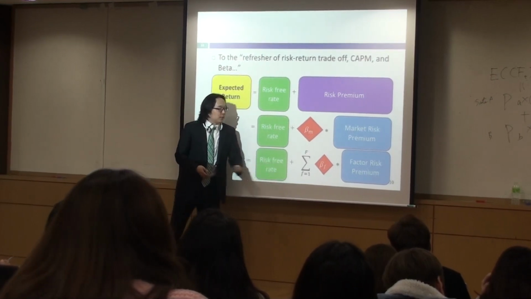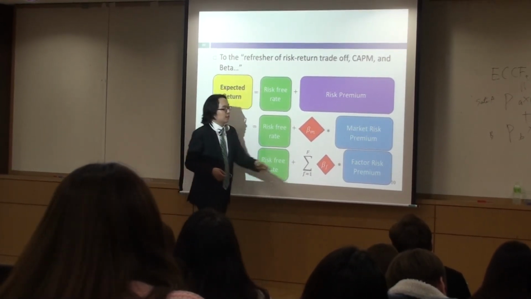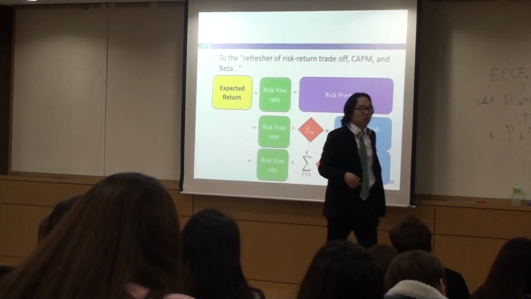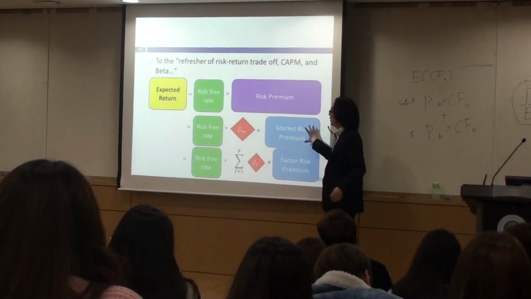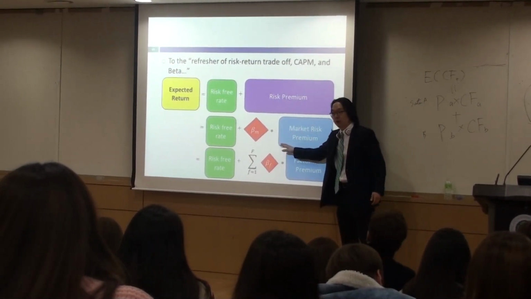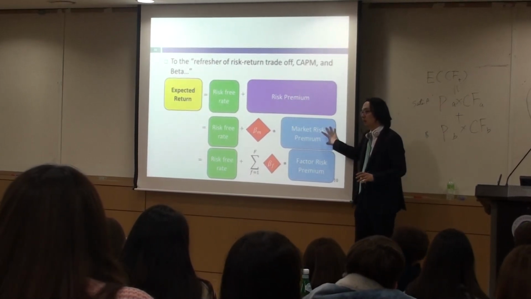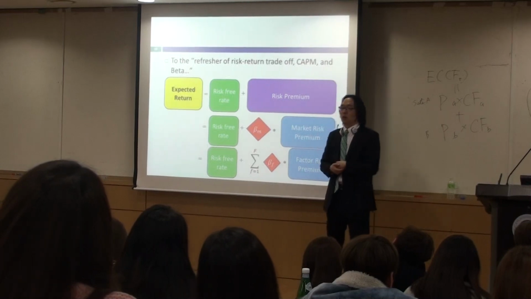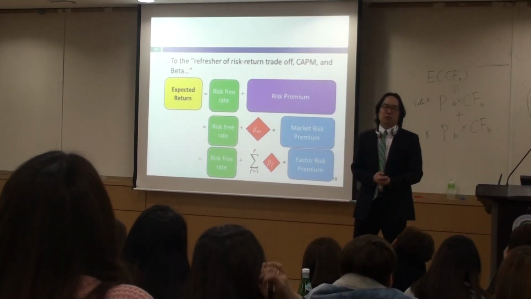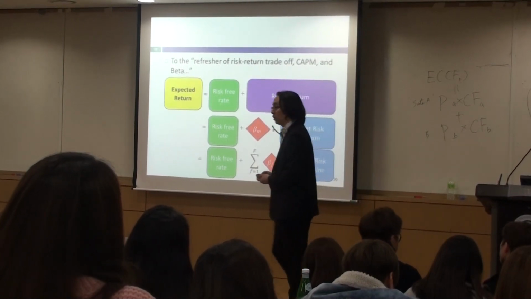And the finance discipline has been developed ever since, so much so that people try to generalize this model. They say market risk is not the only factor you should worry about. Apart from the market factor, there seem to be some other factors. For example, the size of the company seems to matter. Small companies seem to be earning more than bigger companies.